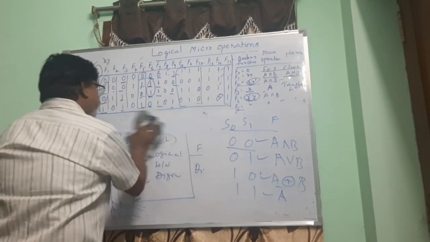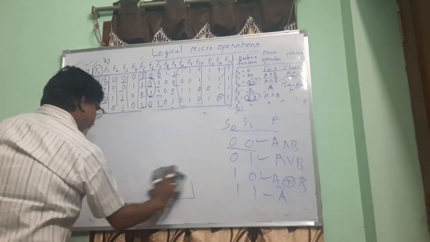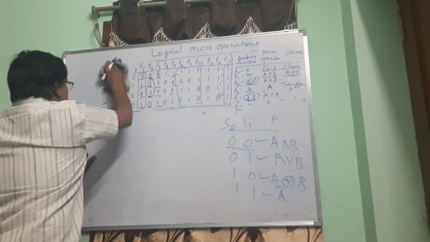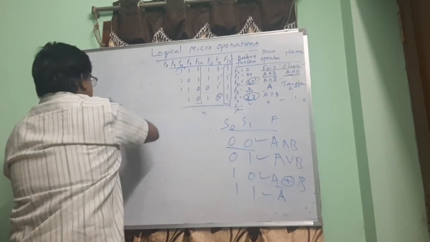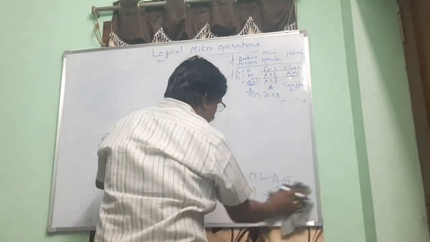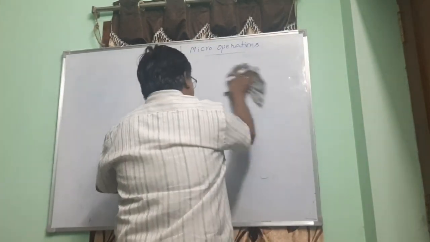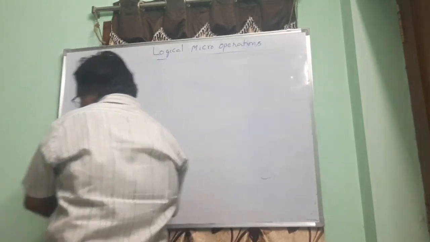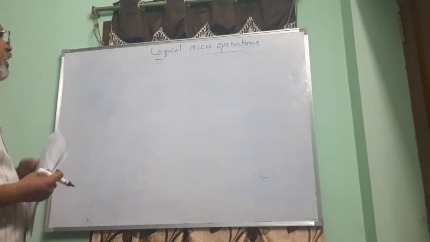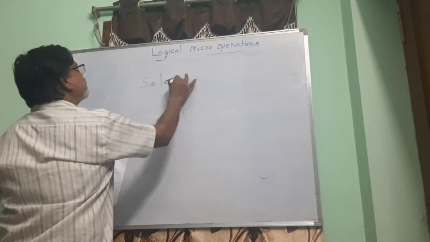Previously, when we discussed arithmetic operations, you know very well we use arithmetic micro operations for performing addition, subtraction, multiplication, division, increment and decrement. But for these logical micro operations, of course, we implement them using gates, and the various applications are as follows. One application is selective set.